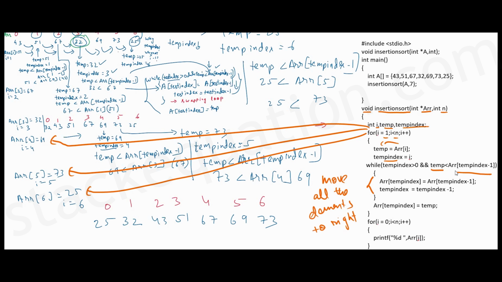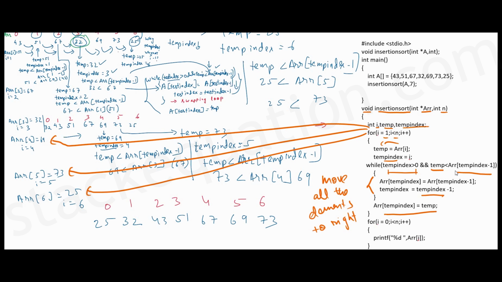If it's smaller than its previous value, then we move all the elements to the right. With each iteration, temporary index decreases by 1. This loop runs while the value of temporary index is greater than 0, so that all the elements move to the right hand side.